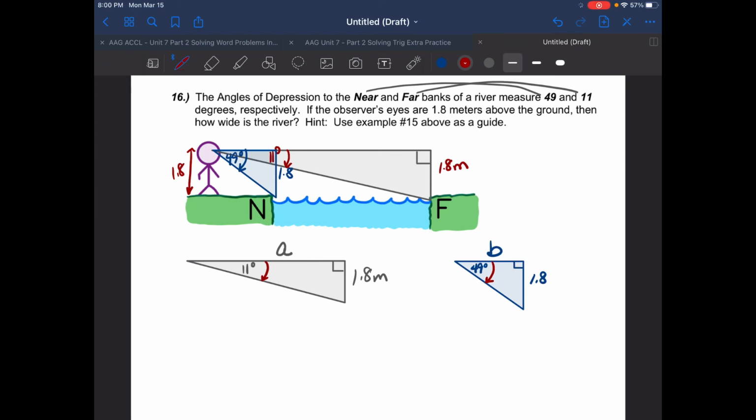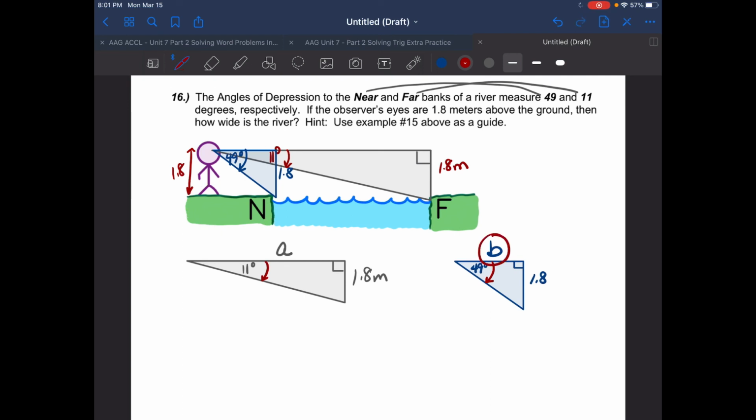Now that I have drawn and labeled my triangles separately, I'm going to call the longer length A. But the length of A is too long, so we're going to have to remove that length, which is represented by B.